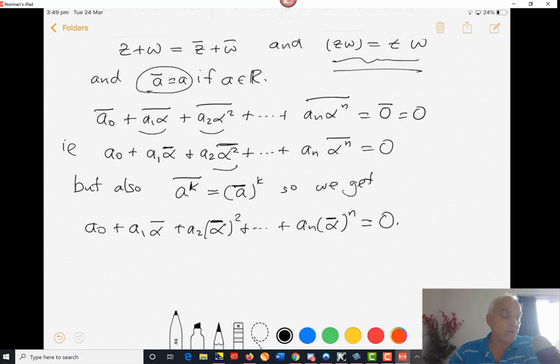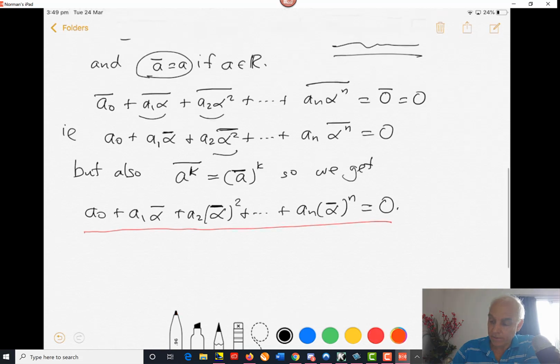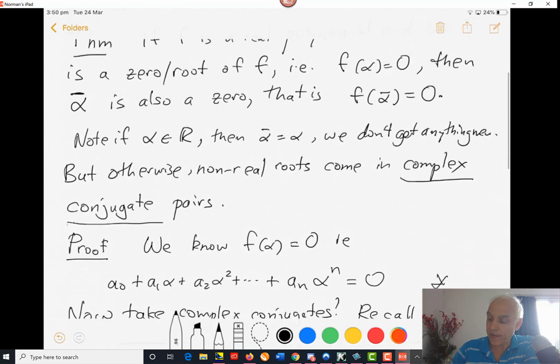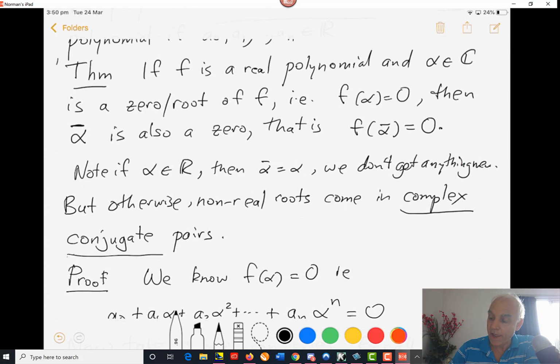And now when we stare at this equation, this just tells us, therefore, that the function f evaluated at alpha bar equals 0. And that proves the result. It proves that if f is a real polynomial and alpha in C is a zero or a root of f, then also its conjugate is also a root.